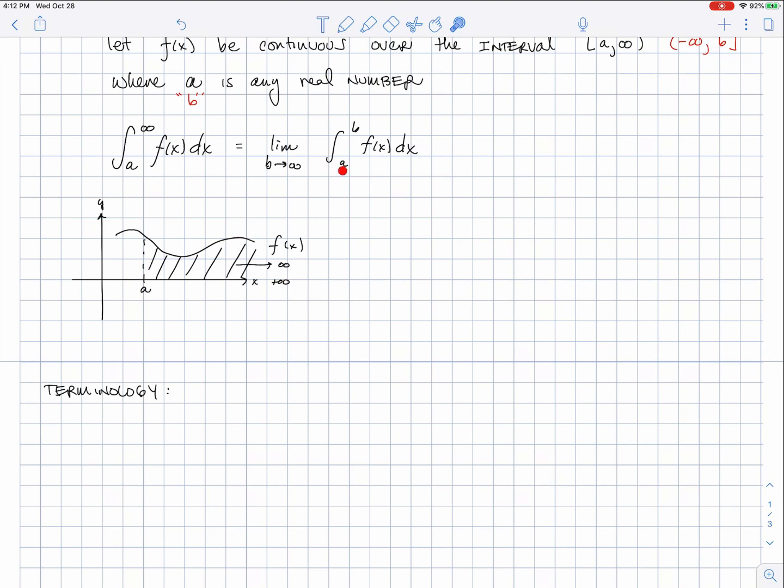That is to say, we go from a finite number to a finite number and evaluate that. Hopefully we can find the antiderivative, and that'll be capital F evaluated at b, minus capital F evaluated at a. And then the question becomes, what is this limit?